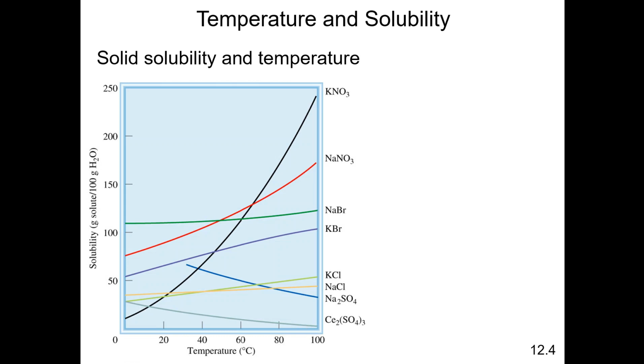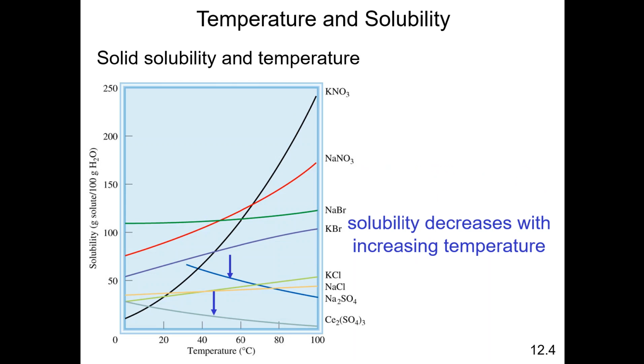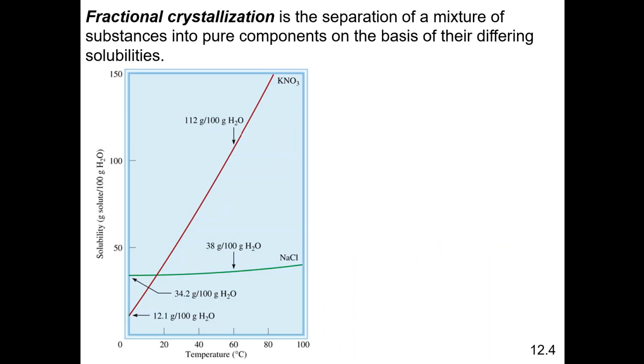So for most solutes, their solubility increases as the temperature increases. That is the general trend for most solutes, but of course I showed you the two examples that buck that trend.